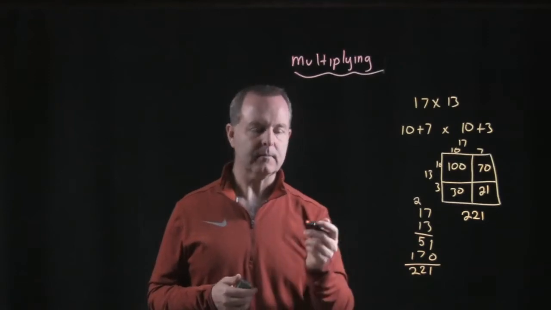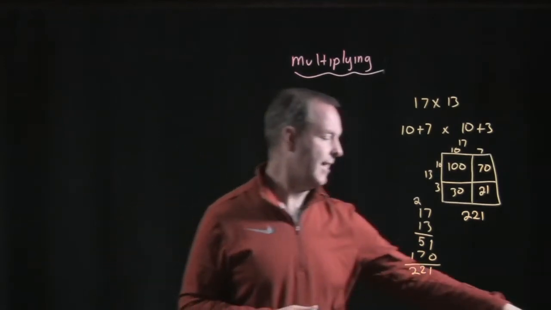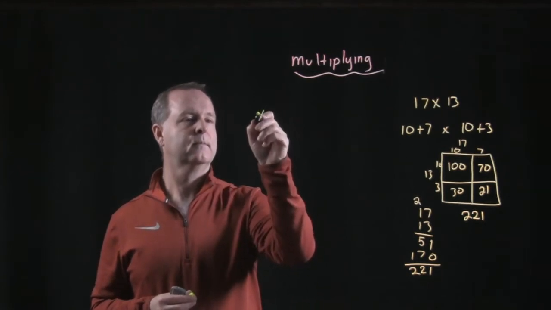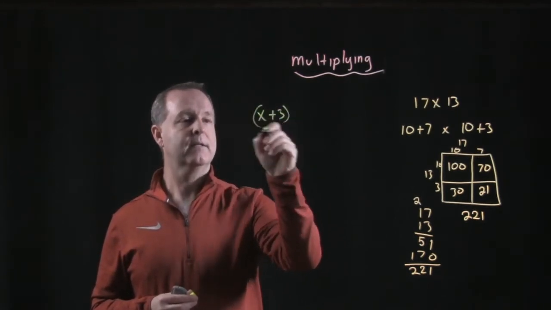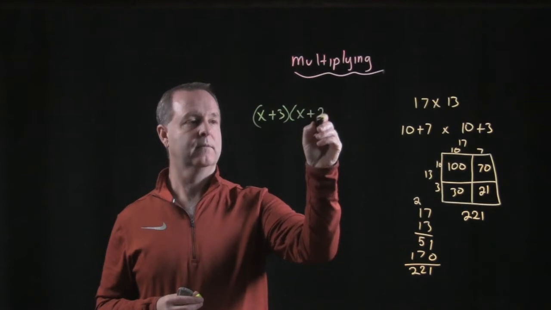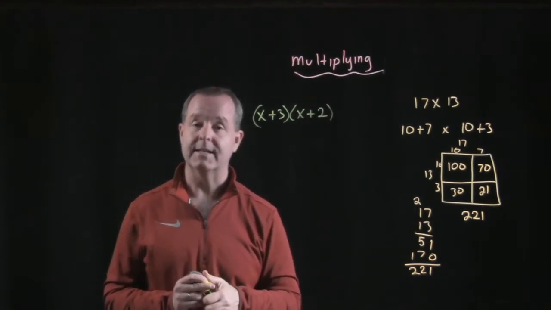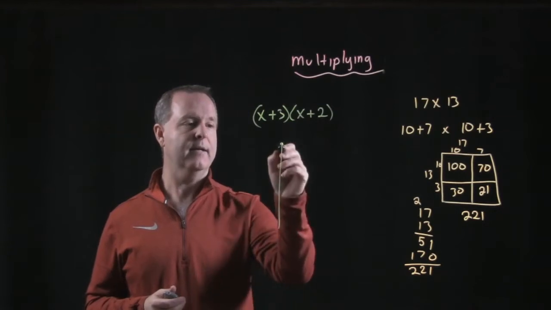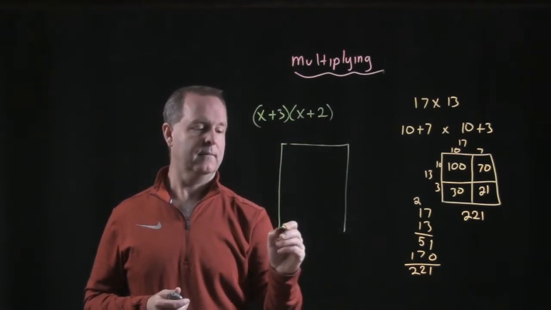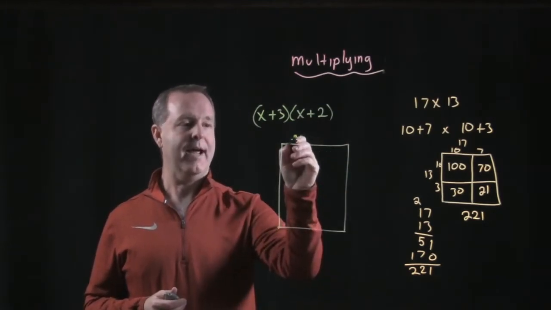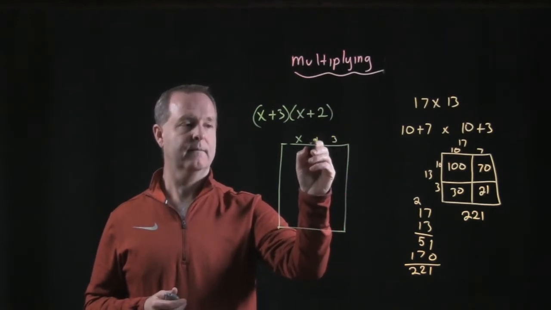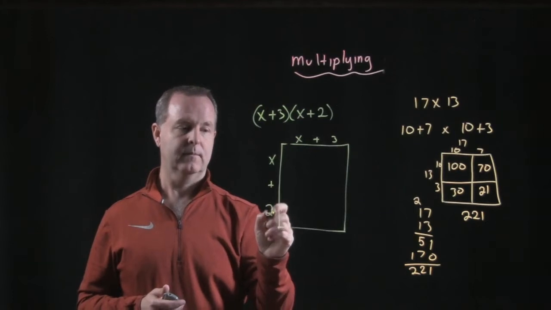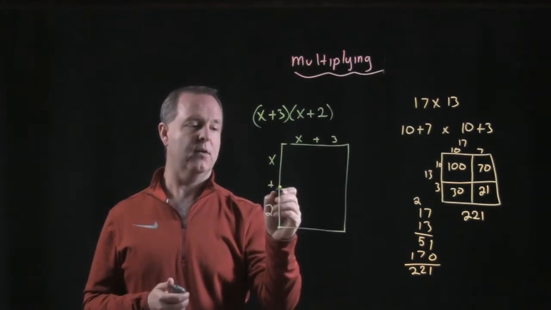Reason why? Let's imagine that we have x plus 3 times x plus 2. In that same type of idea, if you recognize this as some type of area where I have an x and a 3, and I have an x and a 2, this creates different shapes.